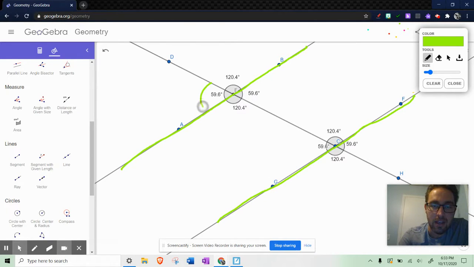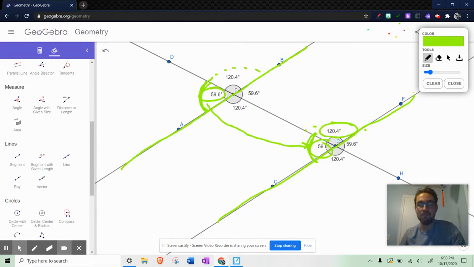Corresponding is just, if it is in this spot in this diagram, we just slide our eyes down to that spot, and we notice those are the same measure. Corresponding to this angle up here would be this one here. They're the same measure. So corresponding angles are also congruent. Those patterns hold true every single time we have parallel lines cut by a transversal. It's a rule.